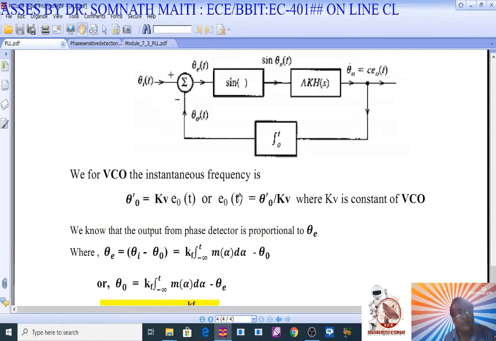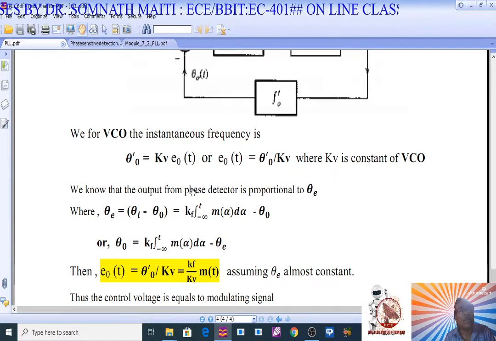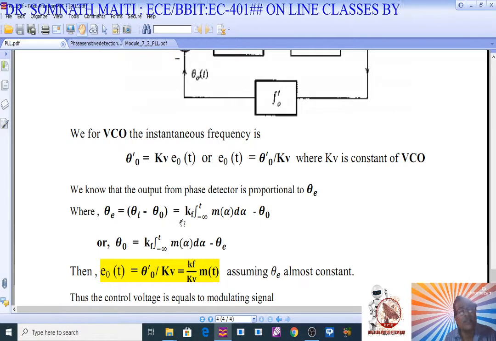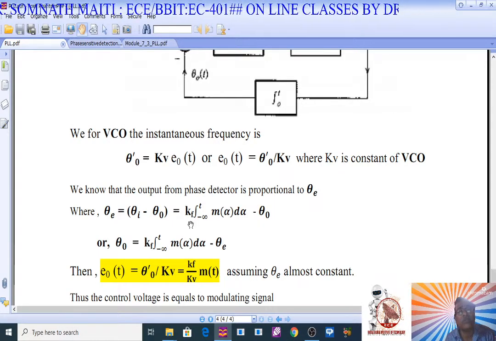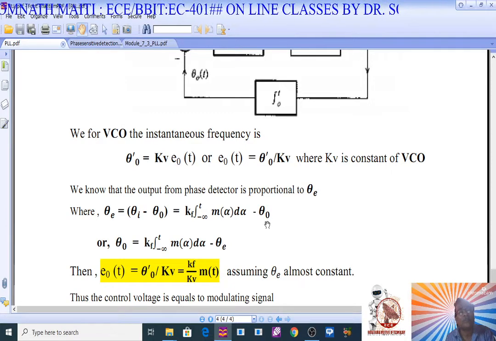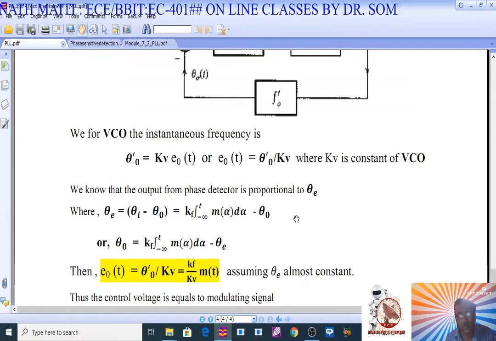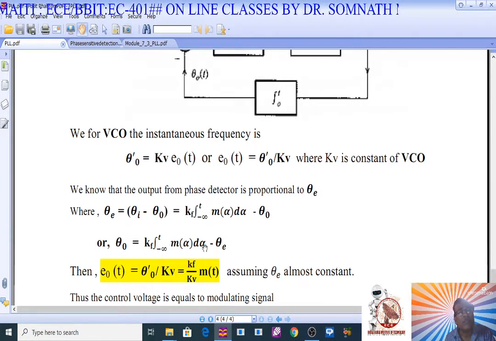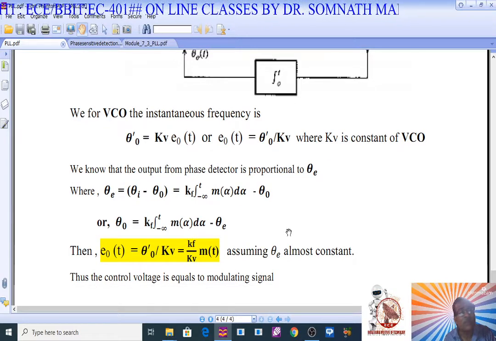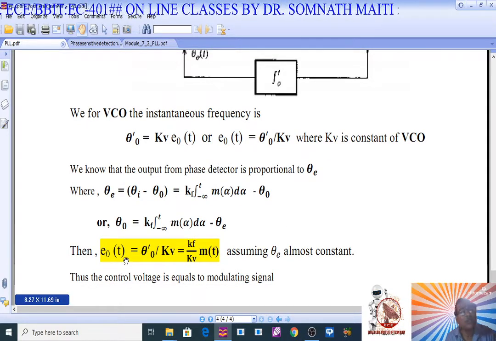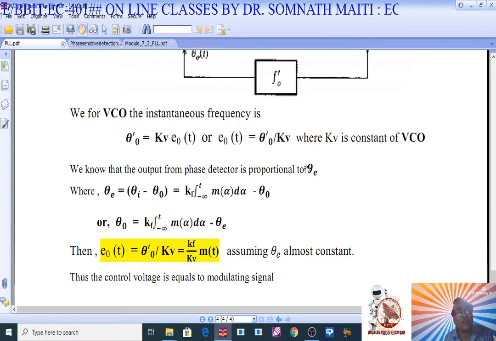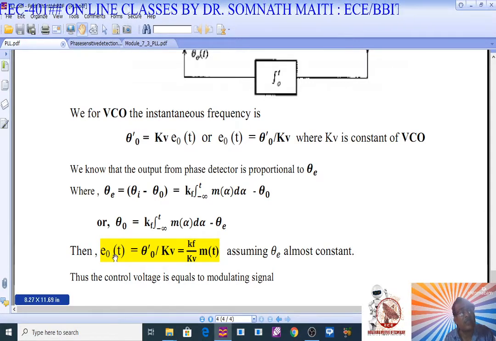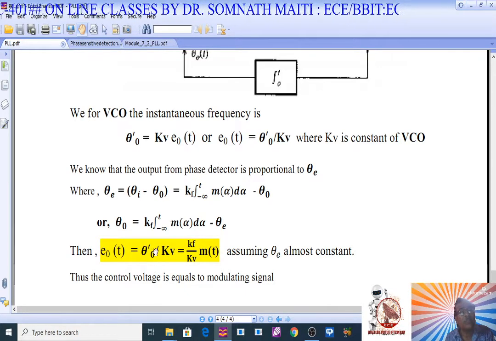Now, we know that the output from the phase detector is proportional to theta e, where theta e equals theta i minus theta 0, with theta i given by this expression for FM and theta 0 the phase of the VCO, so theta 0 equals theta i minus theta e. Then E0 t, the control voltage, equals theta 0 dot divided by kV.